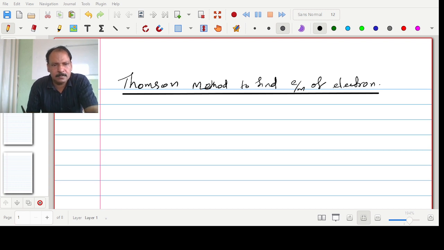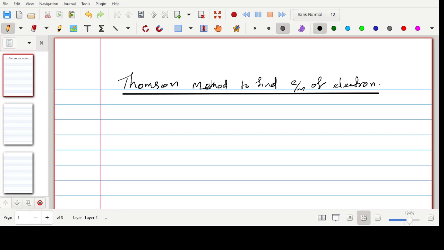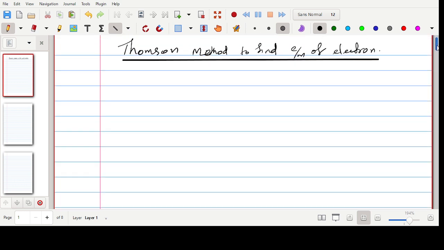Let us draw the diagram. Consider a beam of electrons which is emitted from the last anode.